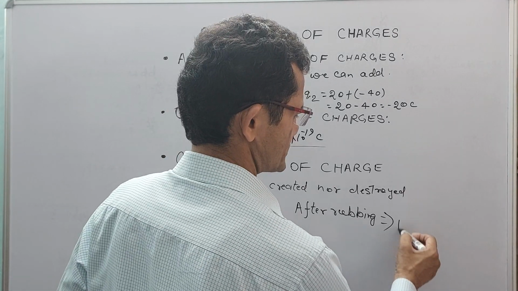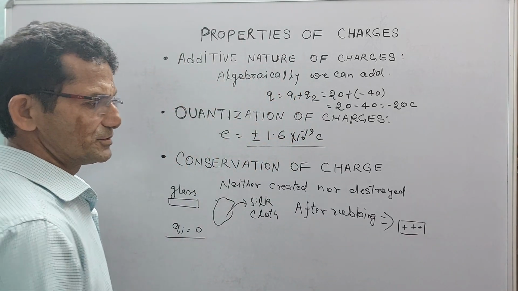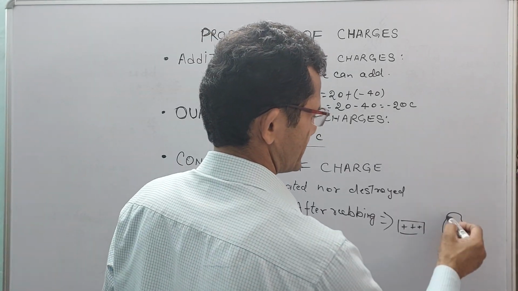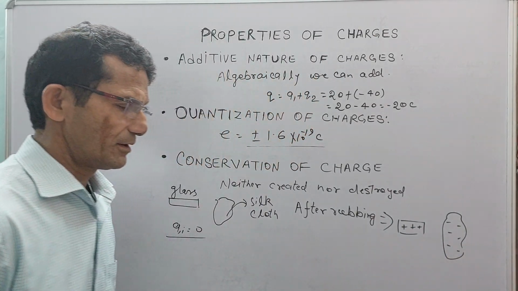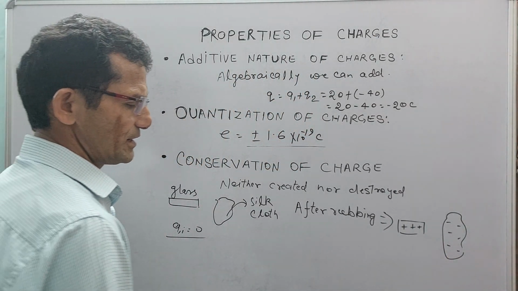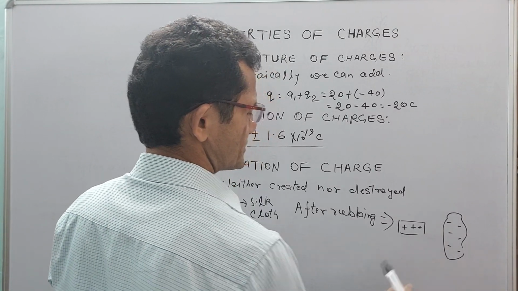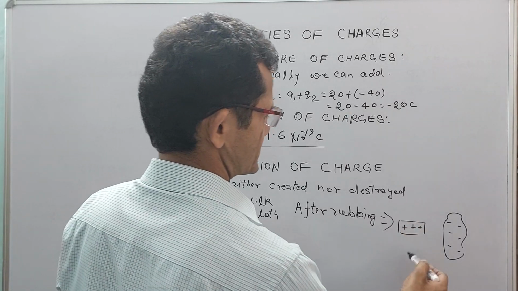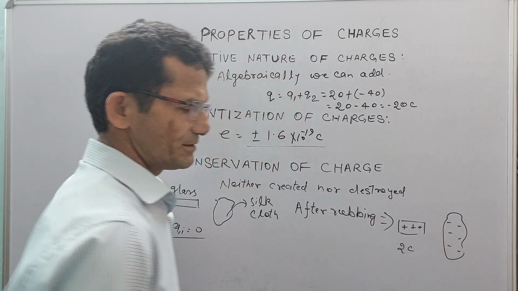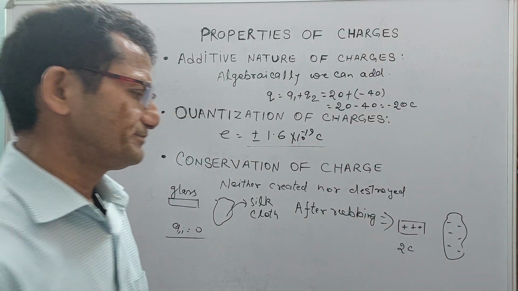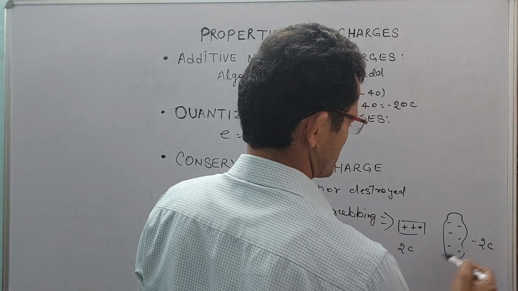The glass rod gets positive charge because it loses some electrons. Suppose the positive charge on the glass rod is 2 coulomb, and the same amount of charge, but negative, will be on the silk cloth. So the silk cloth has minus 2C.